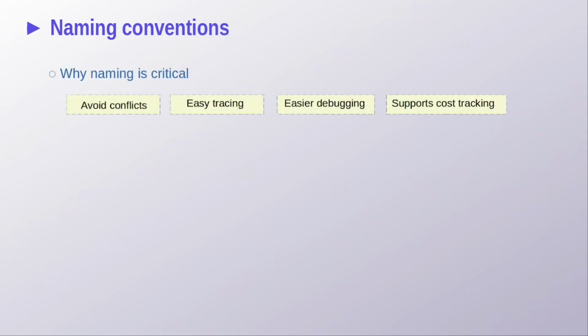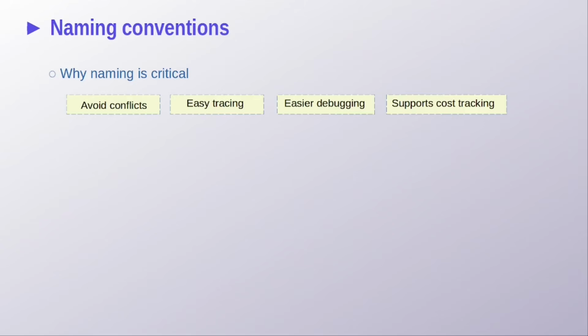Naming convention. Now let's talk about something that looks small, but is actually very important. That is naming. Why is naming critical? Good naming helps you avoid conflicts, identify resources quickly, debug faster, and track costs accurately.